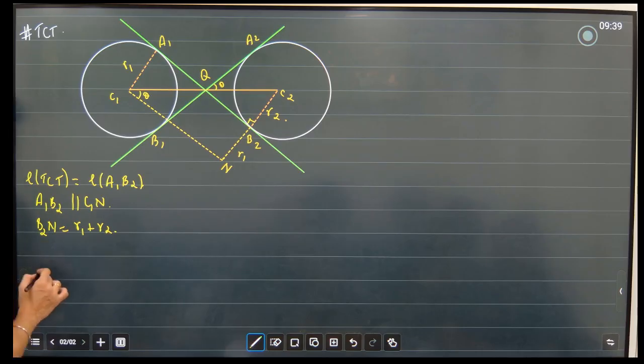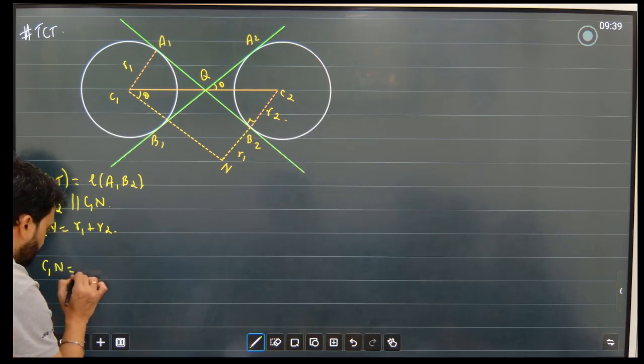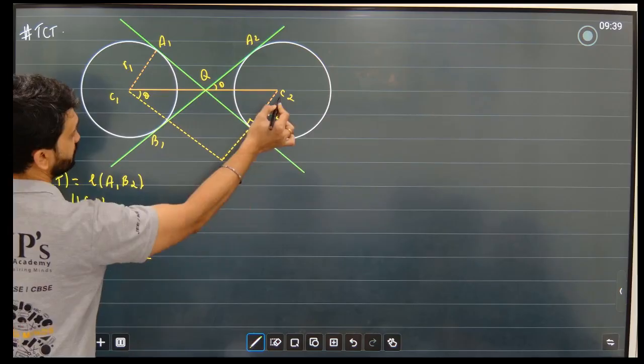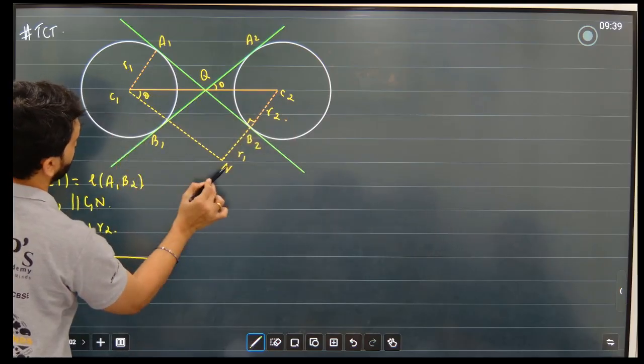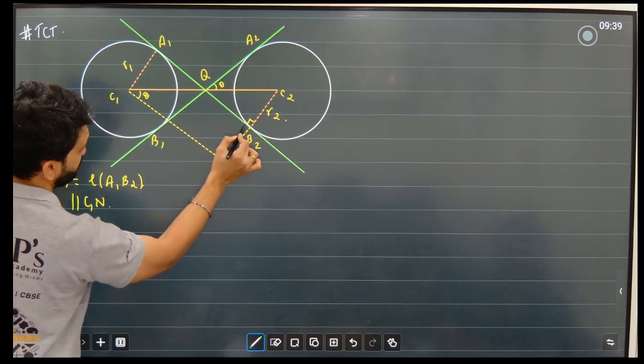and so basically I will get C1N is equal to under root of, see this is C1N, this is Pythagoras theorem, so this is 90 degree.